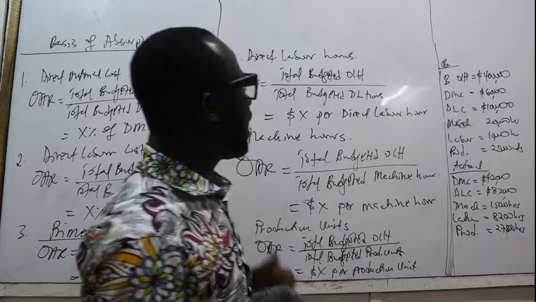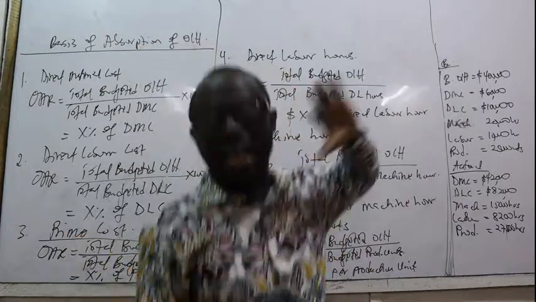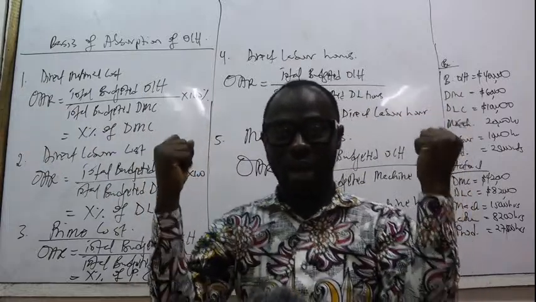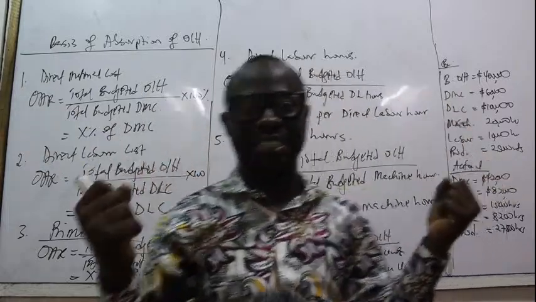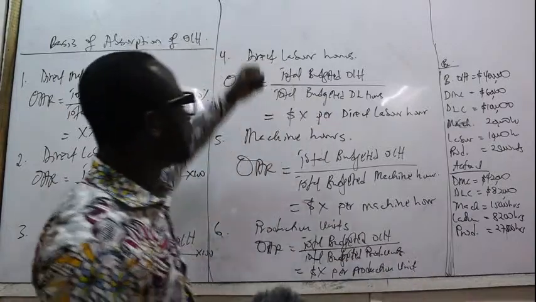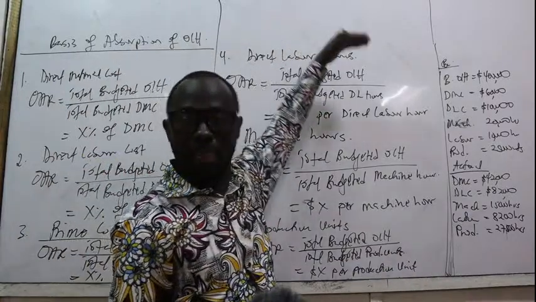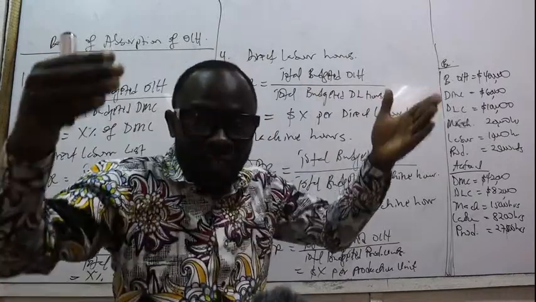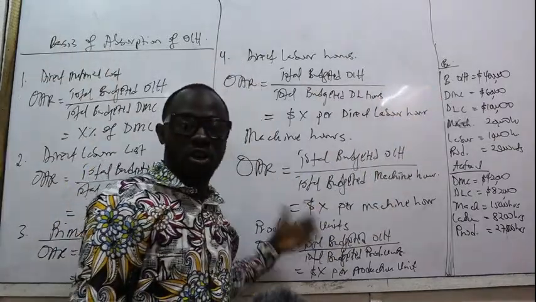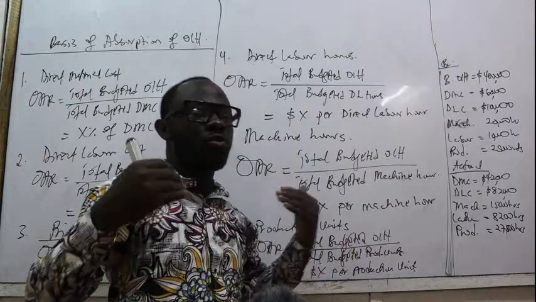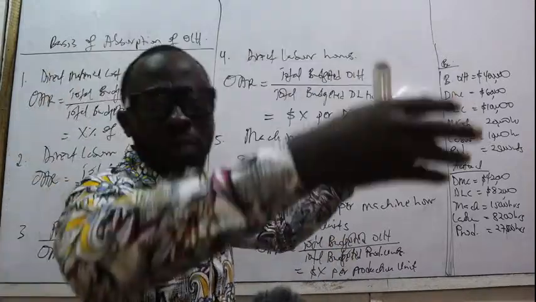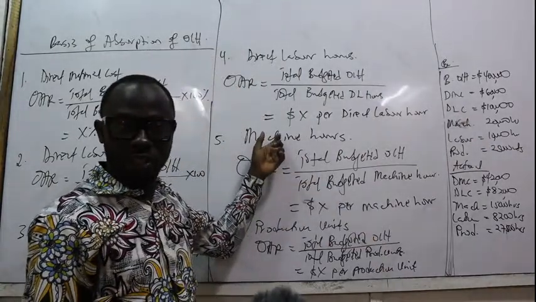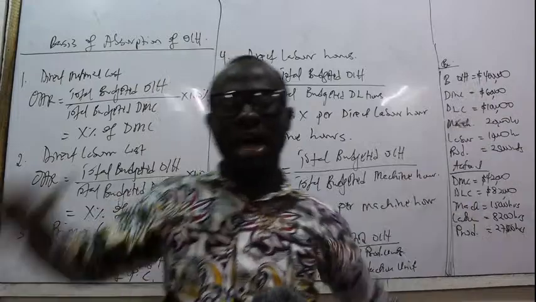Then, if the organization is not capital intensive, but it is labor intensive, we use a lot of manpower in the production of goods and services, then the entity may go for what? The direct labor hours. So can production units be measured? If yes, the entity might go for the production unit. Are we using more machine than labor? If yes, then they will use the machine hours. Are we using more labor than machine?